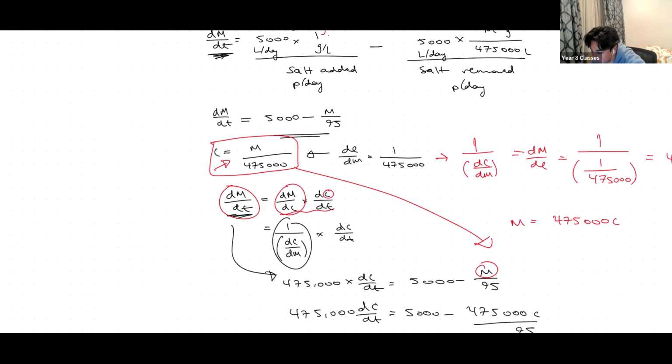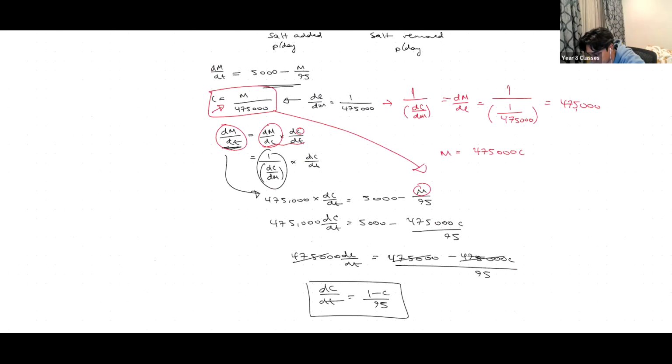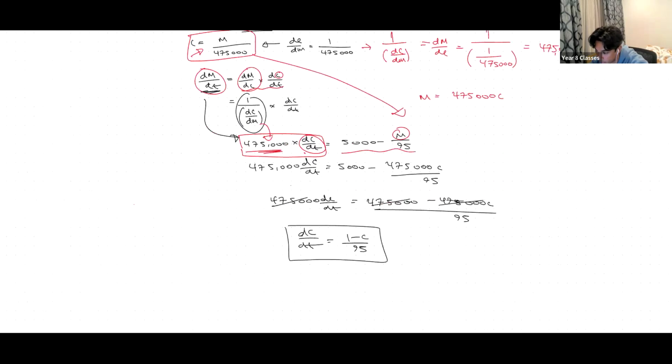And then you get to plug that in over here. The dC/dt is what we're trying to get at the end. The right-hand side was the same as for dm/dt, because this whole expression is equal to dm/dt. That was the whole point of us doing that chain rule. Then it was a matter of re-expressing what m was, because we said that C equals m on 475,000.